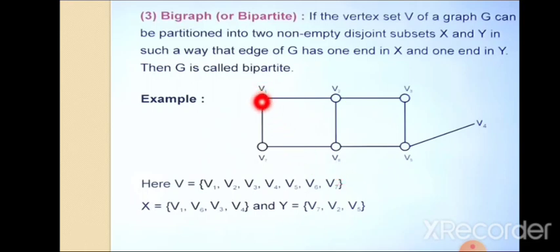Now if we take this edge and if we take this vertex, then if this vertex belongs to the set X, then for this edge this vertex will belong to the set Y. So similarly for this vertex, this belongs to X, so this will belong to Y. And then for this vertex, this belongs to Y, so this will belong to X. And for this vertex, we know this belongs to X and this belongs to Y. So X will contain V1, V6, V3 and V4, and Y contains V7, V2 and V5.